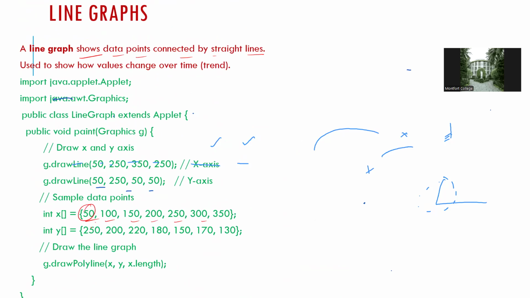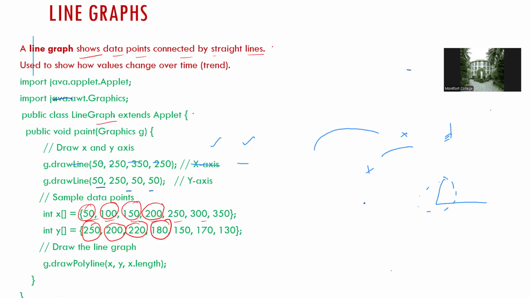This 50 is going to match with this 250, and this 100 is going to match with 200, and 150 in the x-axis with 220 in the y-axis, 200 in the x-axis with 180 in the y-axis. In previous examples, we have seen it differently. We took x-axis and y-axis coordinates in the same set, but here it works differently because it's a line graph.